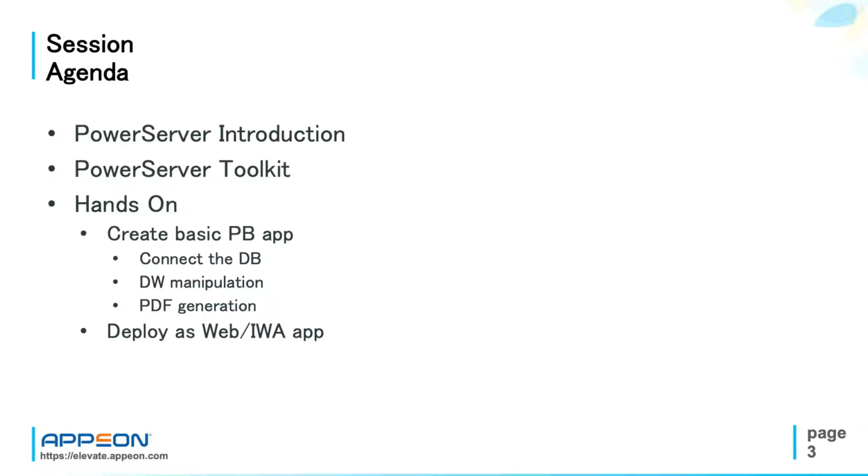Then we deploy this test application as a web application or installable web app, and also as a native mobile app. After that, we will review the main features in the Appeon Enterprise Manager, which is the PowerServer web console.